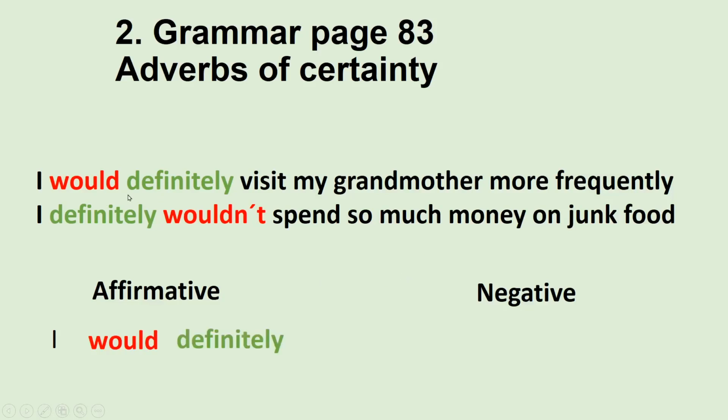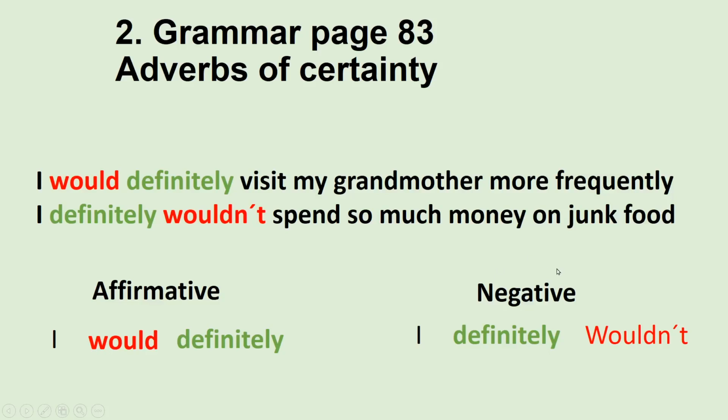That is how we should use it. But now, if it's a negative, it changes. Now if it's a negative, we say I definitely wouldn't spend so much money on junk food.